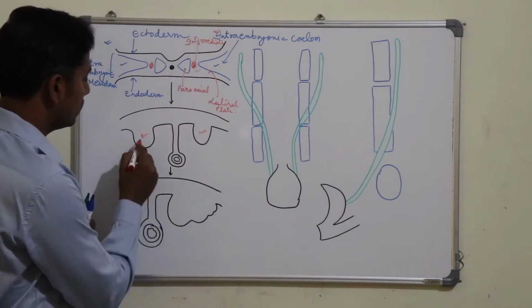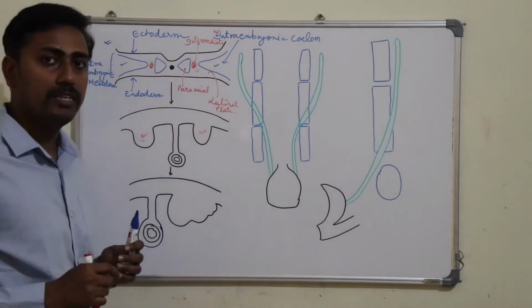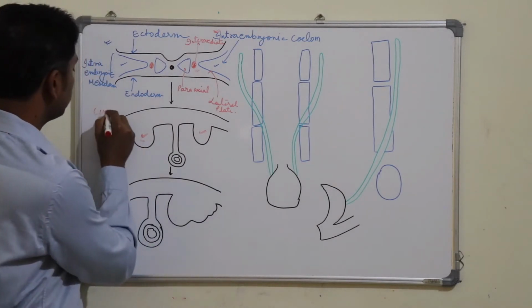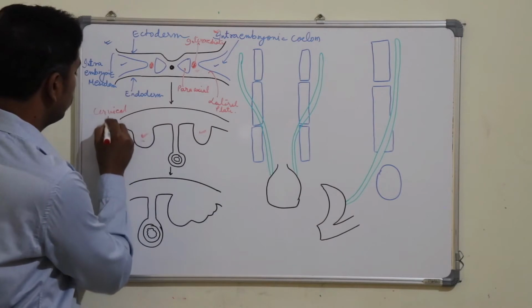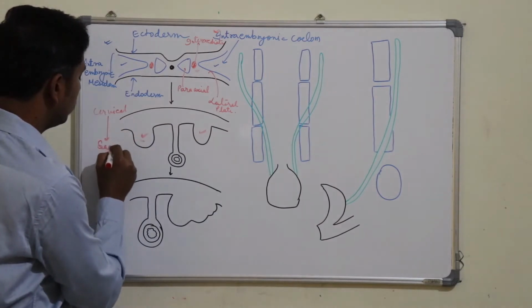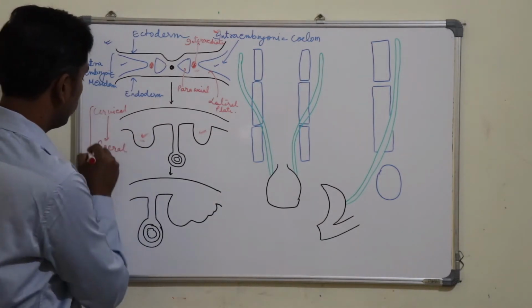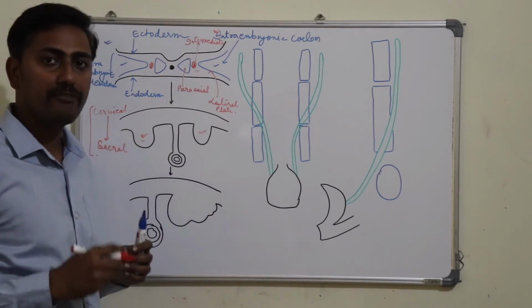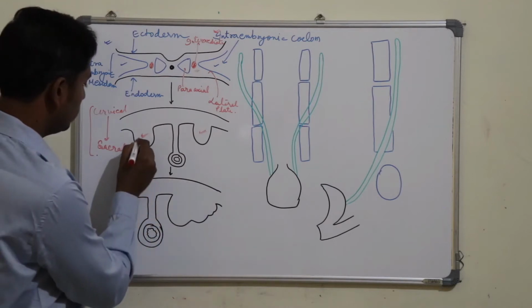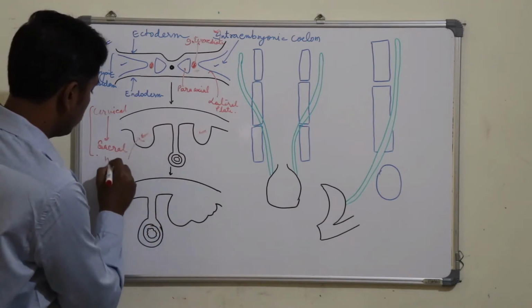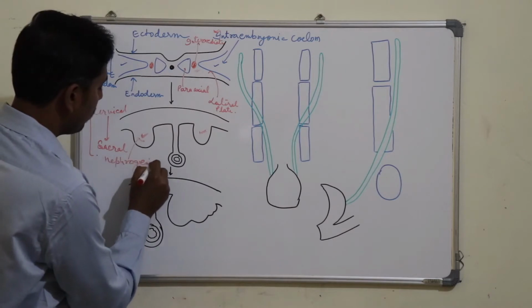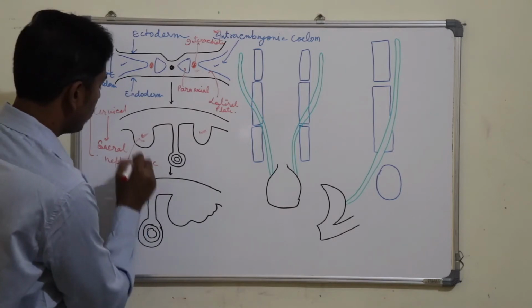This bulging, which extends from the cervical to the sacral region of the developing fetus, is now known as the nephrogenic cord.